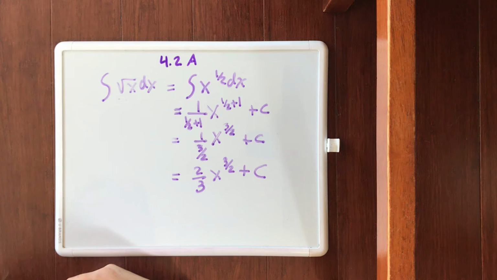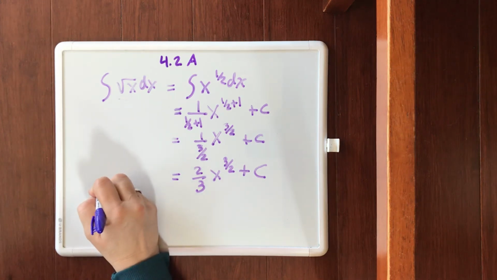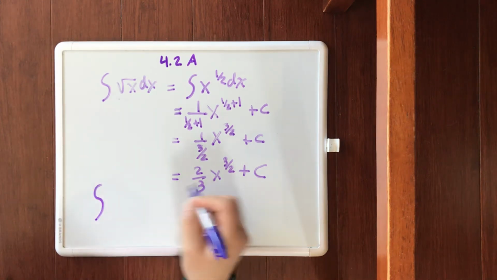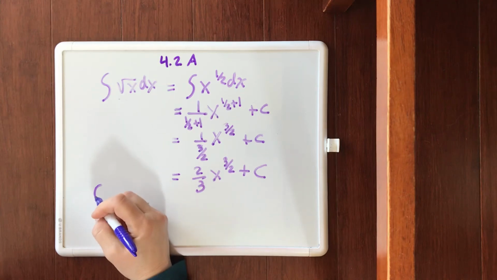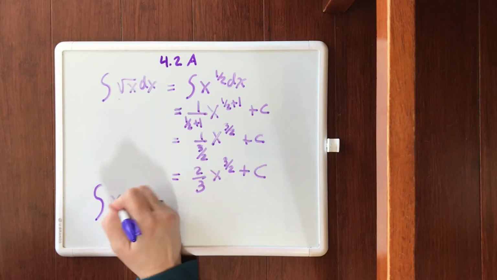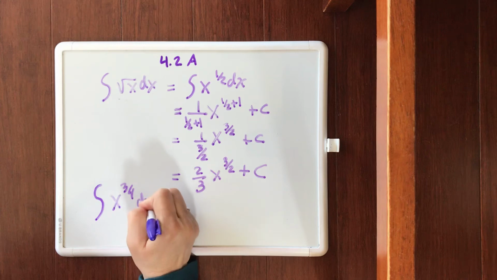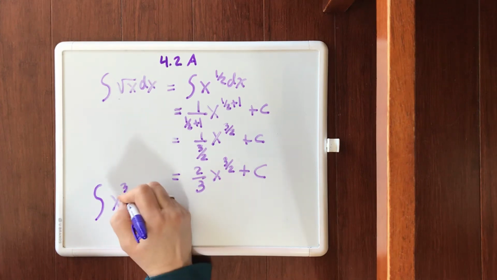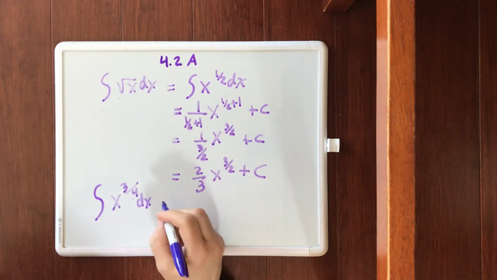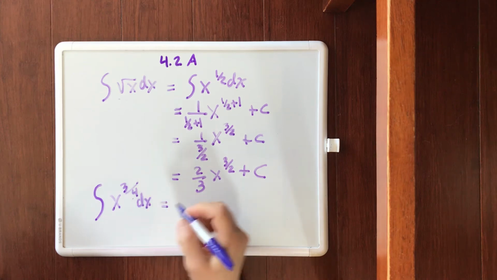All right, so let's do another one where we actually use the reciprocal in what we're doing. So let's say that we start with x to the 3/4 dx. That's a 3/4. Okay, we're going to integrate that.